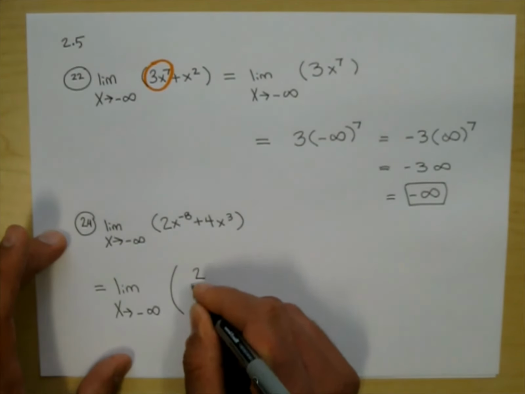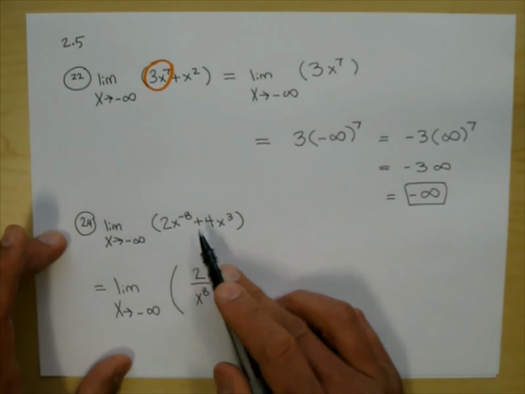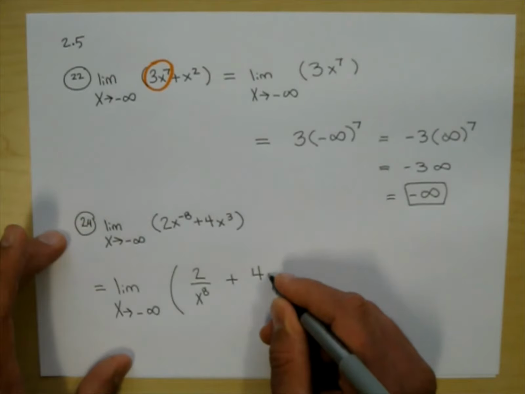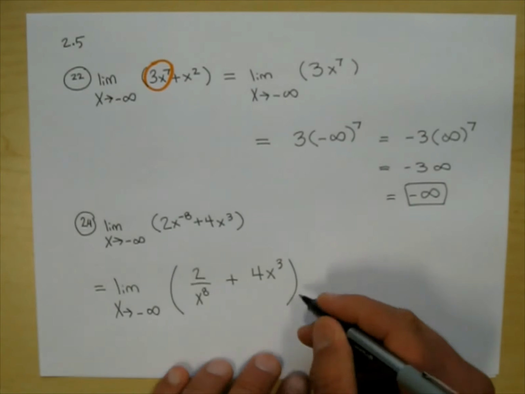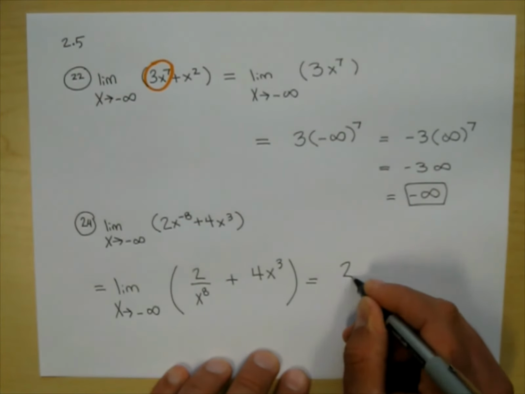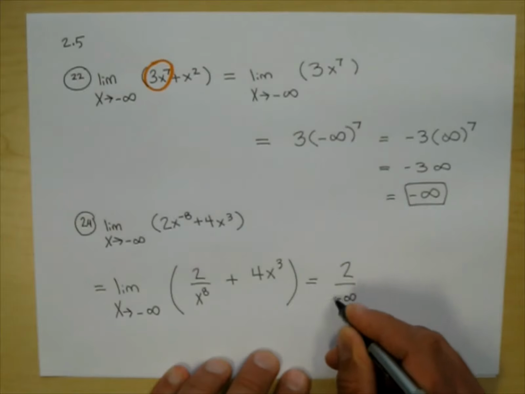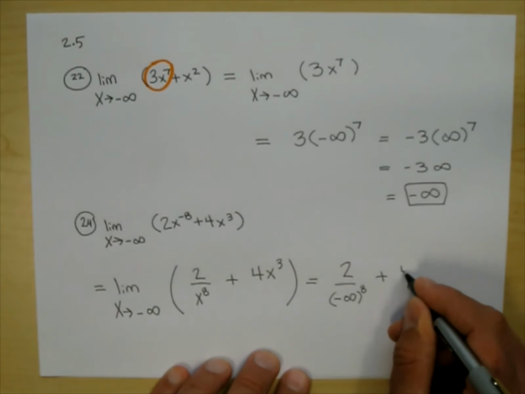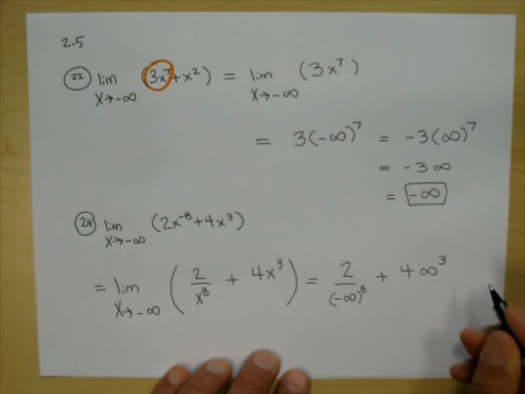This is going to be 2 over x to the 8th, cross the line, change the sign for the exponent, and then we have plus 4x cubed. So when I put negative infinity in there, I get 2 over negative infinity to the 8th plus 4, and then we have infinity cubed.